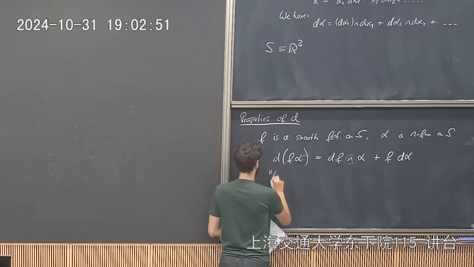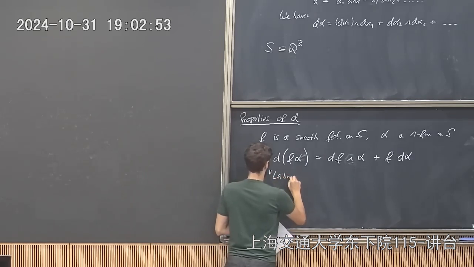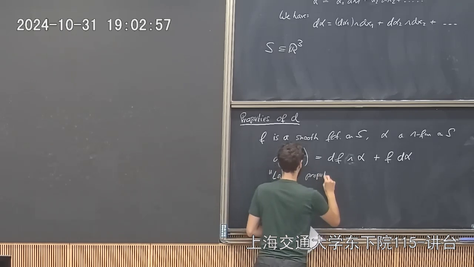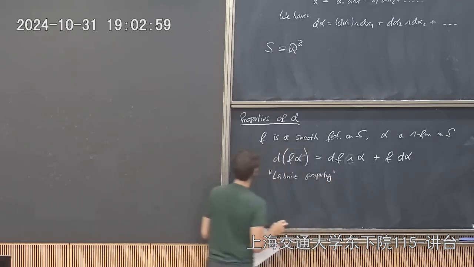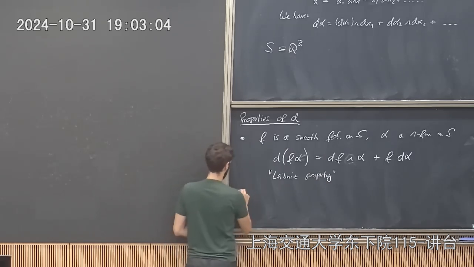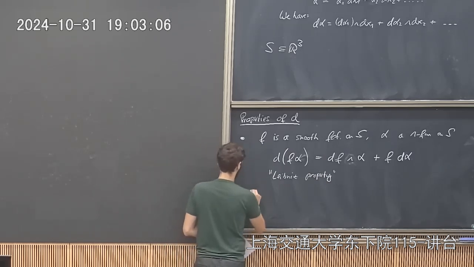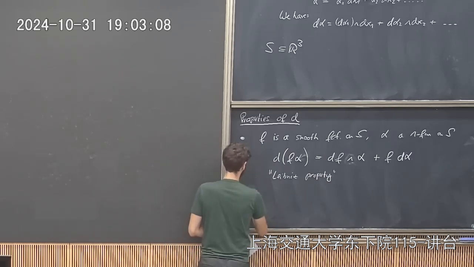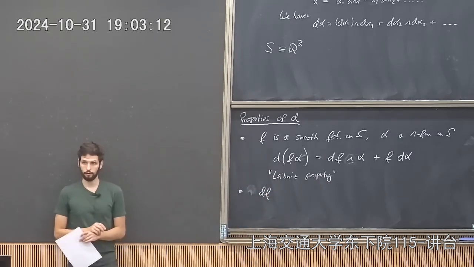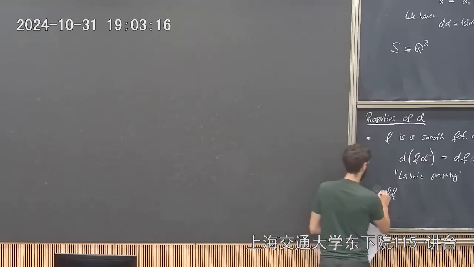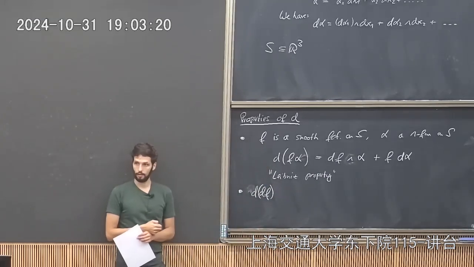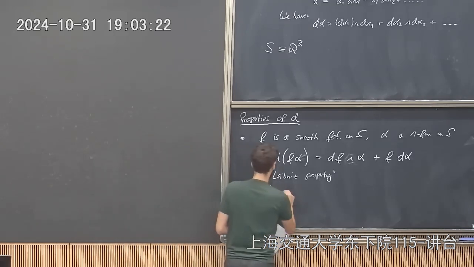So it's the Leibniz property. That's the first statement. And the second statement is that if we have a function, we can take d of that to get a one-form, and then we take d of that one-form again, we get a two-form. And it turns out that this one is always 0.